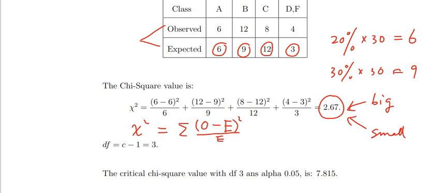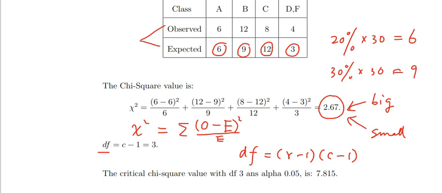For the chi-square table, we need to know the degrees of freedom. For a two-way table, the degrees of freedom use this formula: r minus 1 times c minus 1, right?